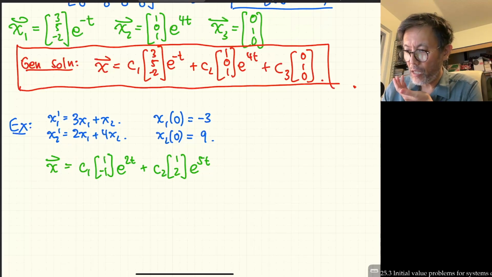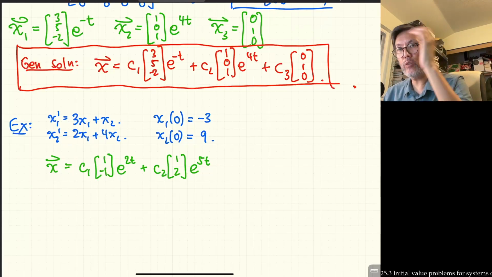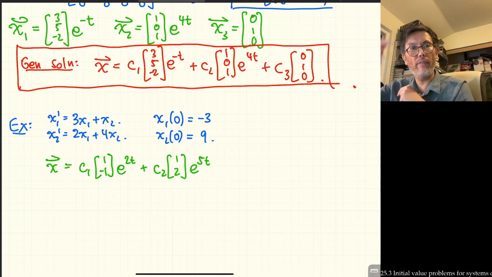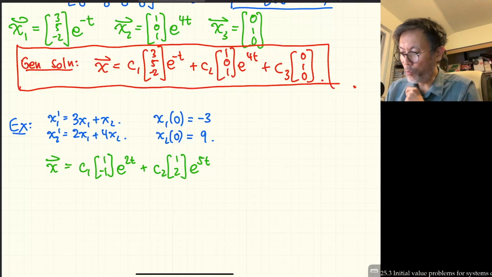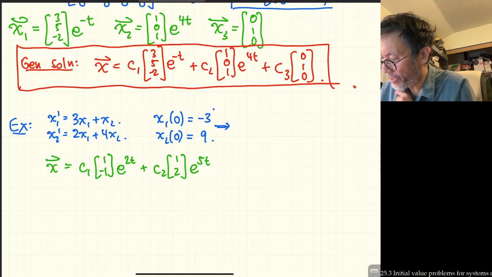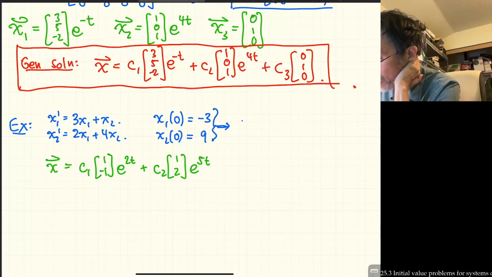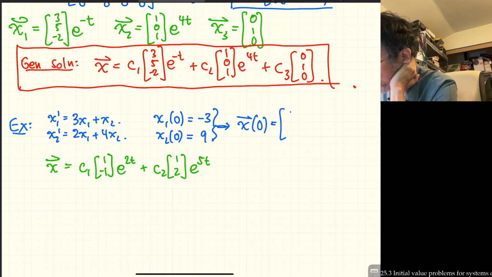Now, let's think. Remember that x1 and x2 are the entries of this vector x. So we could recast these initial conditions as x of 0 being equal to the vector -3, 9.